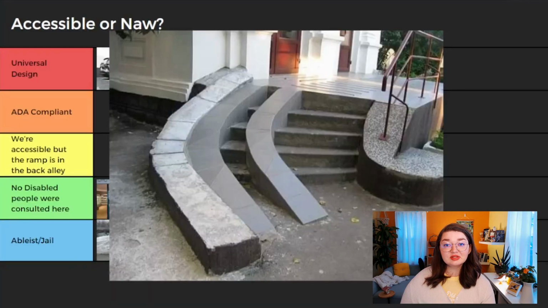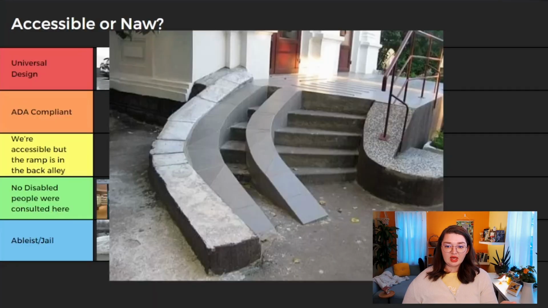Okay, so clearly this is going in the ableist jail category. What I think we're looking at is a staircase with a ramp. Oh my God, this just gets worse the more that I think about it.